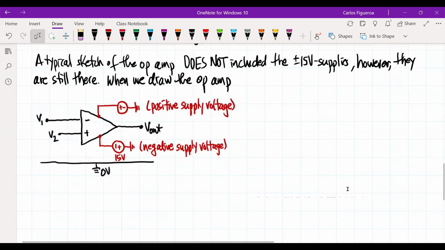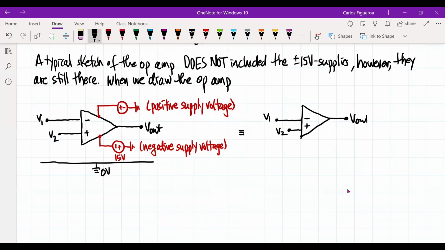We're going to take this guy and we're then going to come in and say, yep, it actually looks like this. So this is V1, this is V2. Here's our output. And it looks like that. That's our output for the op amp.